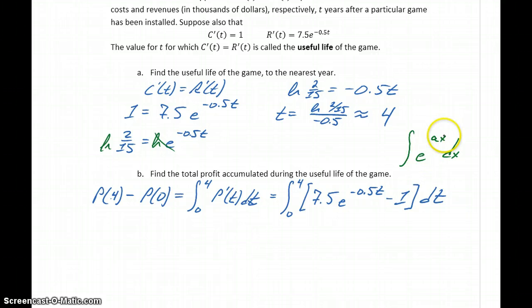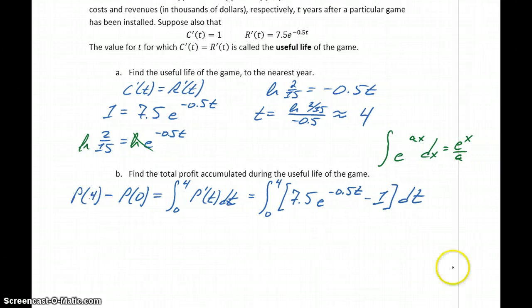So the integral of e to the x would just be e to the x, but now we have e to some constant multiple times x, which is just going to be e to the ax, so that exponent remains unchanged, divided by a plus some constant c.